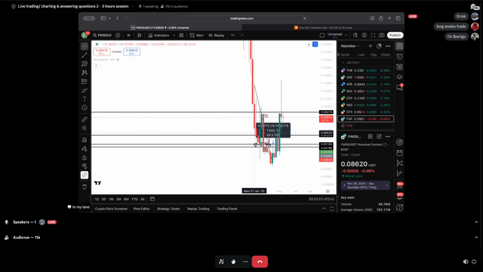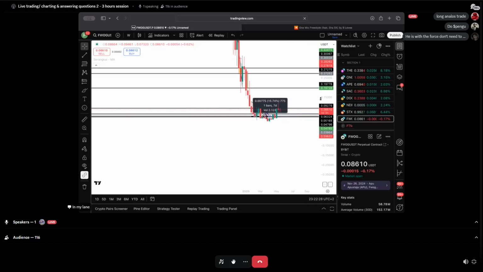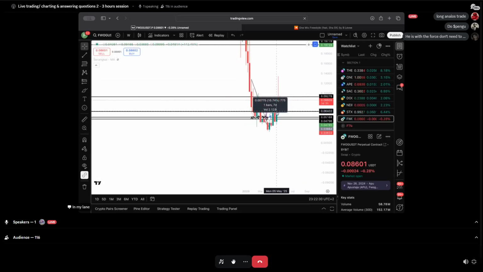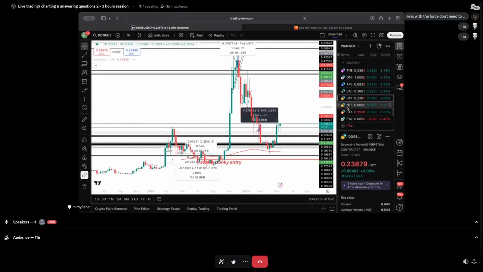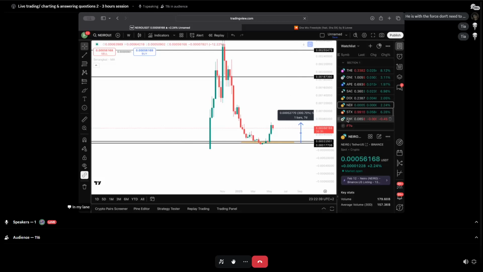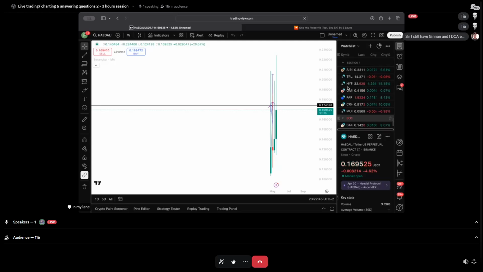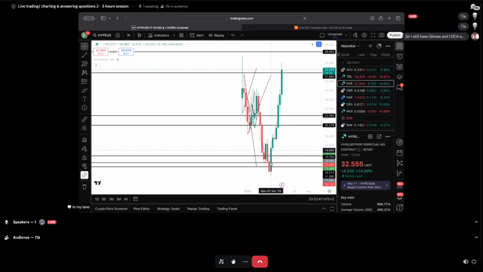I like looking at the red ones rather than the green ones like this. I'd rather look at this. There's more potential here than there is on, let's say, this one. There's more potential on this one. But no, you all want to look at shitcoins like this, which are already up, and you still want to buy them.